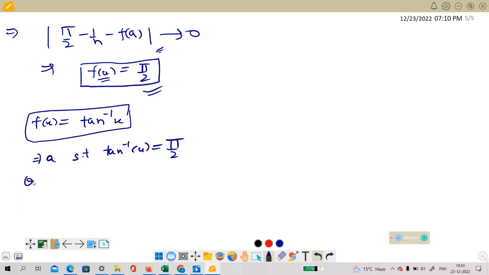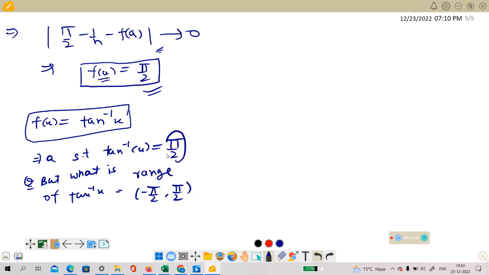But what is the range of tan inverse x? It's minus pi by 2 to pi by 2. It does not attain pi by 2.